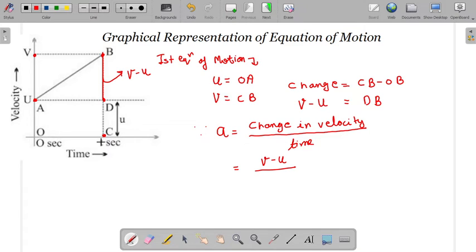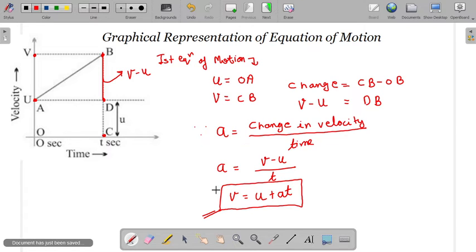That is 0 seconds to t seconds, so that is t. Now we can do the cross multiplication and we get the equation V equals U plus at. This is a very easy method by which we can derive our first equation of motion using graphical representation. I hope you get this idea.